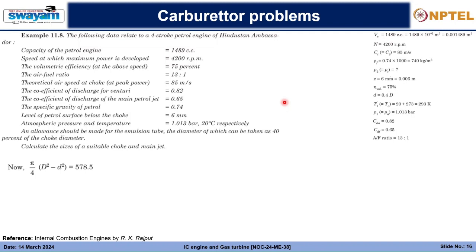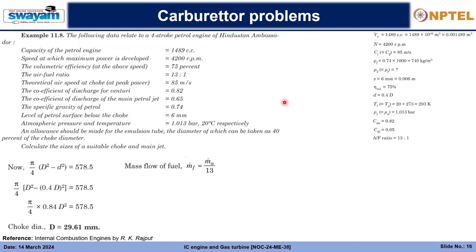So pi by 4 into D square minus small d square is the area of the throat through which the air should move, and accordingly, since the diameter of the emulsion tube is 40% of the diameter of the main tube, finally the choke diameter is 29.61 millimeter.